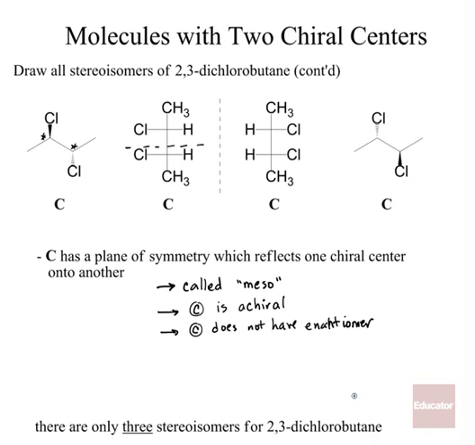So in this case, what we see is that there are only 3 stereoisomers possible for 2,3-dichlorobutane. There are not 2 to the N, as we just said that we can have as a maximum. 2 to the N represents a maximum number.